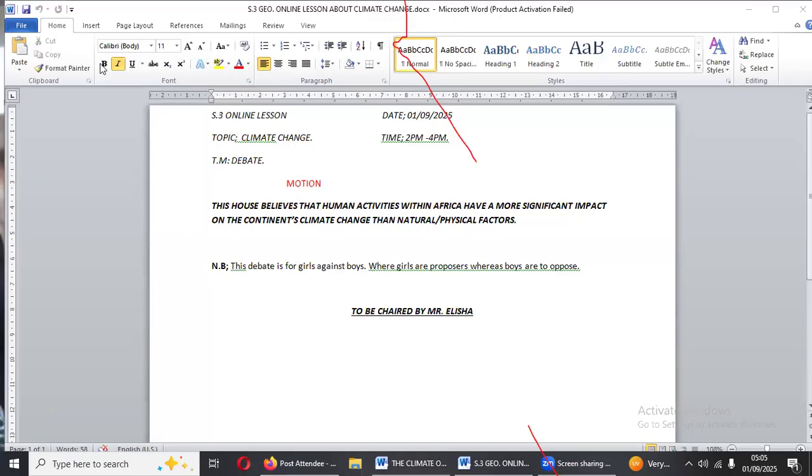They are very dangerous and they are greenhouse gases. So you can't tell me that human activities have caused the impact on the continent's climate change. No, it is a great lie.